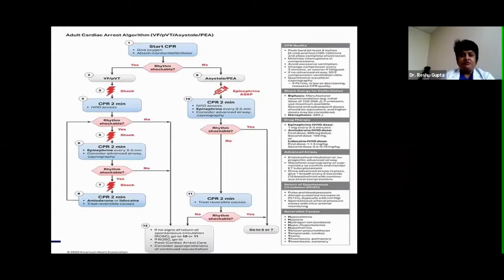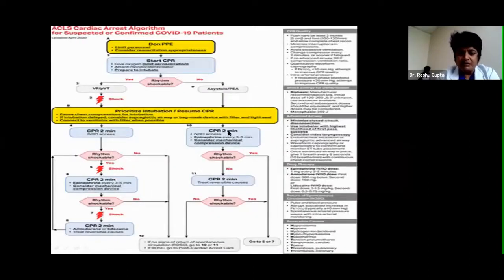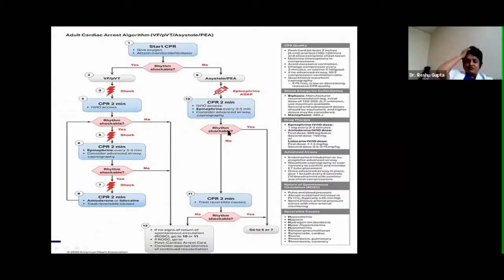So if we see the flow chart, again, this is nothing but the same. The adult cardiac arrest algorithm, if we can summarize it: first, confirm the cardiac arrest immediately. In the chain of survival, activate the emergency response team and start compressions immediately.